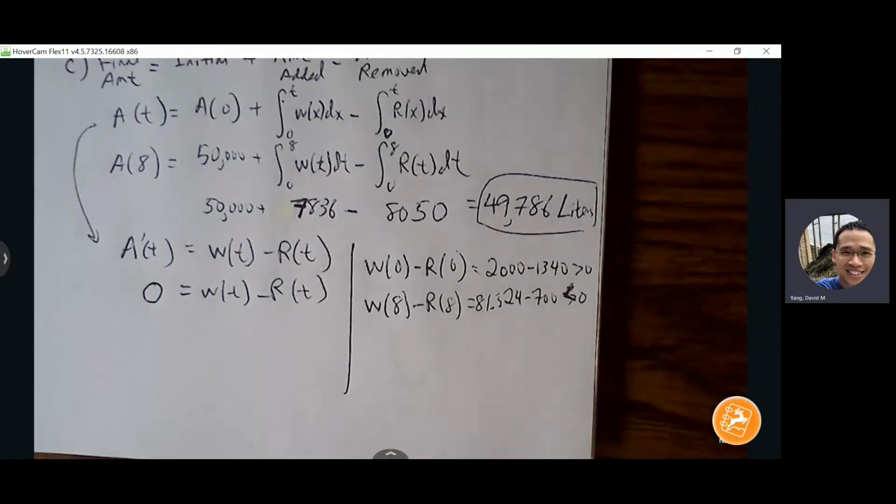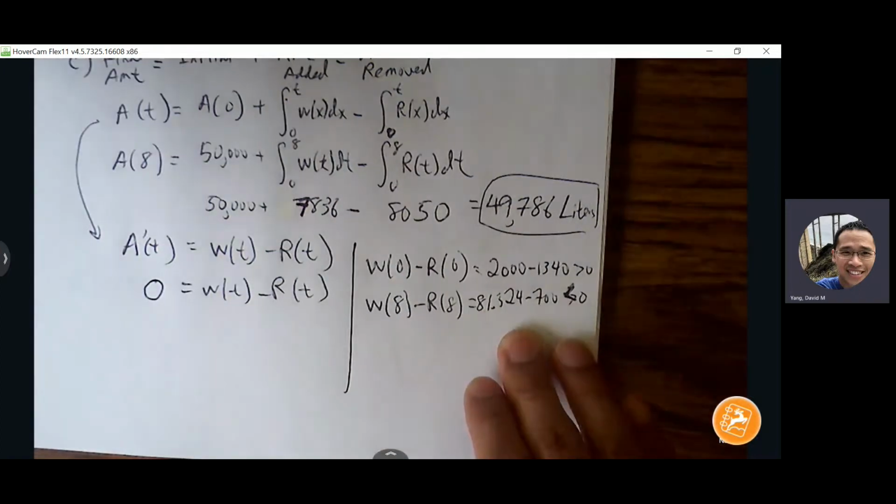So the water is rising at t equals 0, but then it's falling at 8 hours in, which means that somewhere in between, there must be a time when the water level is transitioning, where it's not changing. It's got to stop for a moment before it can start falling. And so this is applying IVT.